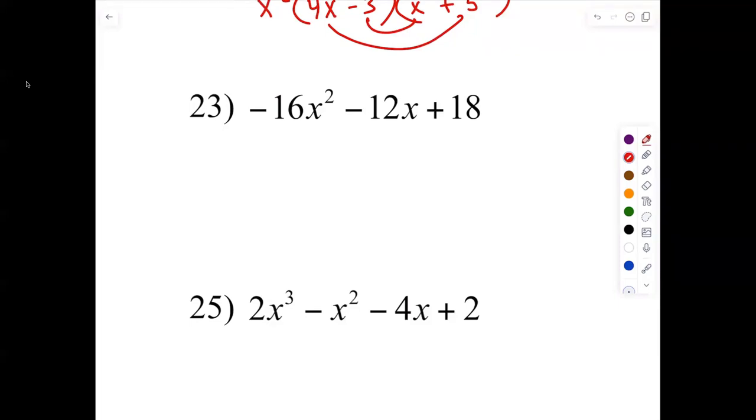You're supposed to look at 16, 12, and 18 and say, well, they're all even at least, so I know it has to be a 2. 4 goes into 16 and 12, but I don't think 4 goes into 18. What am I factoring out? A negative what? A -2. Thank you. So we're going to go with a -2, parentheses.